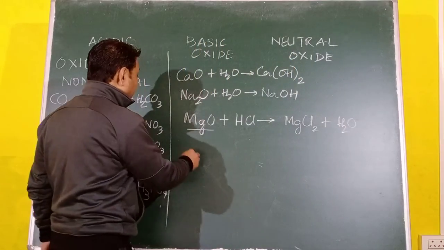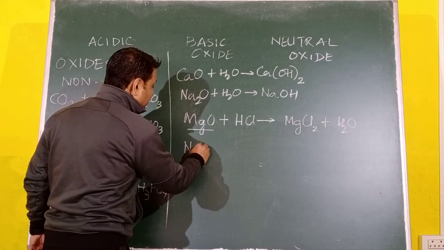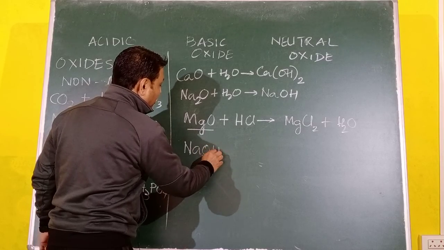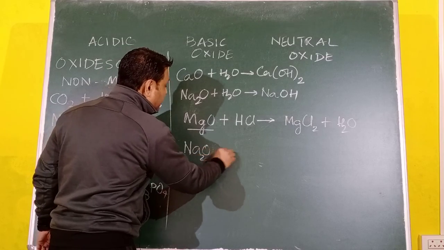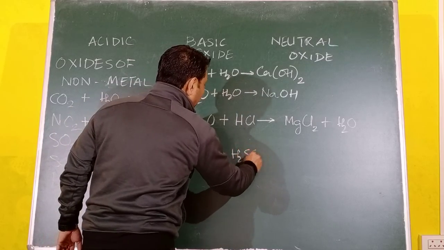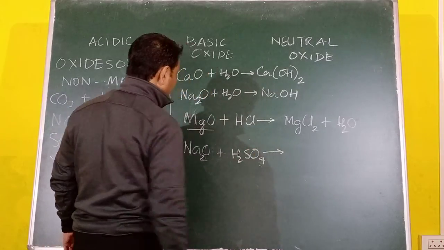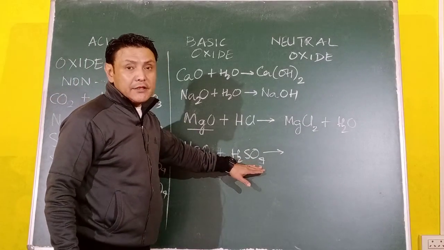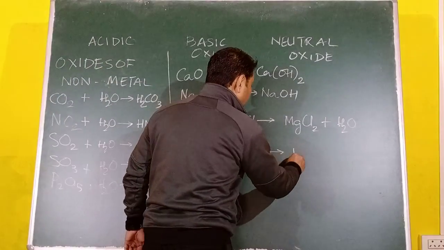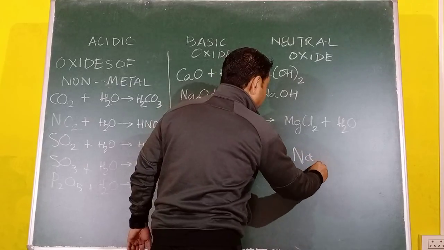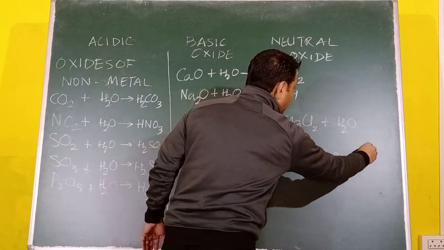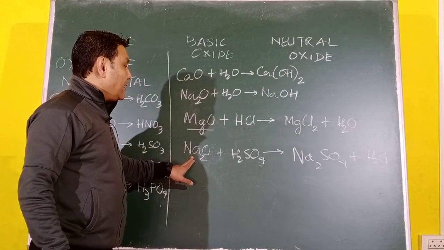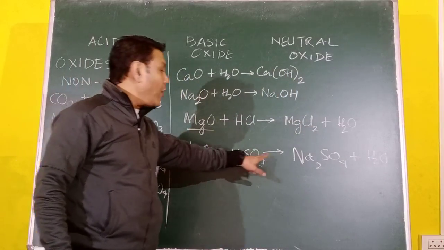Another last example we will discuss: Na2O plus H2SO4, sulfuric acid. So Na2O, oxide of a metal, and sulfuric acid here will produce salt, Na2SO4, plus water.